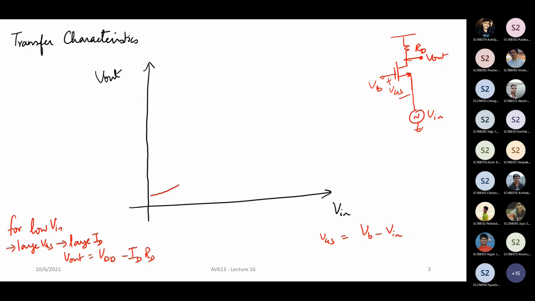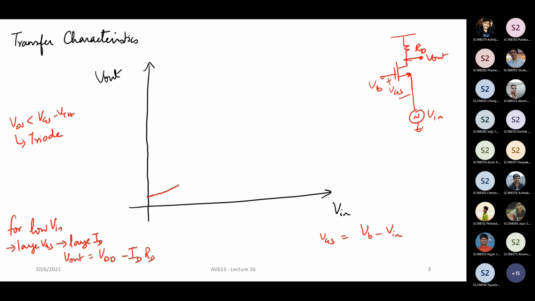So for small values of Vin, or rather if the DC voltage of your Vin is less, your transistor is very likely to be in the triode region, because your Vout is low and your VGS is large, so your VDS is going to be definitely less than VGS minus VTH, which means this is going to be in the triode region.